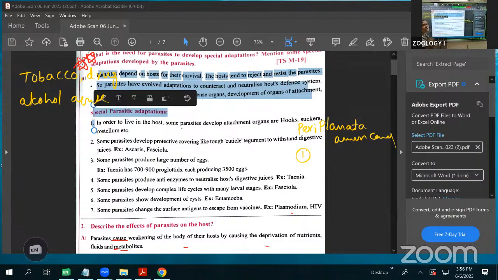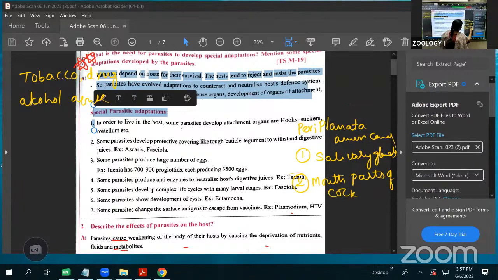Among the 3 diagrams, one is compulsory. The first one is the salivary glands. The second one is the mouth parts of the cockroach. The third one is the ommatidium.